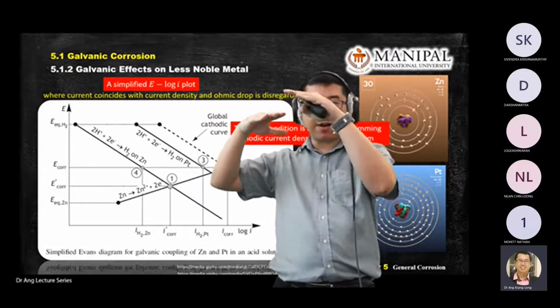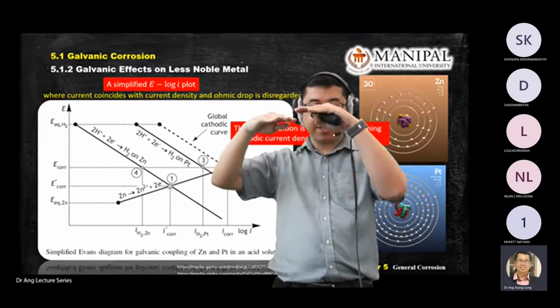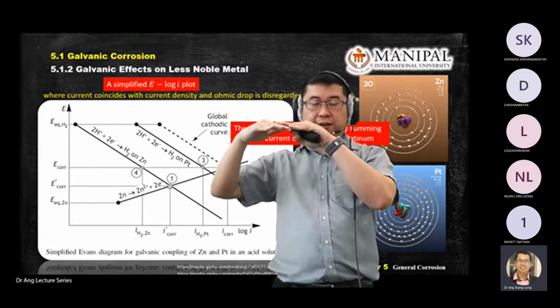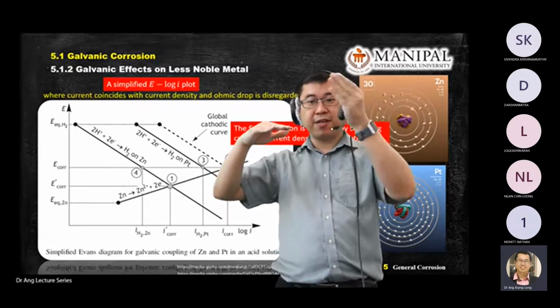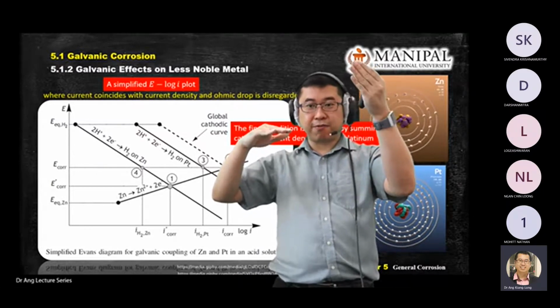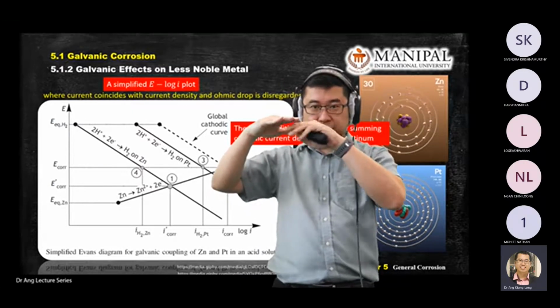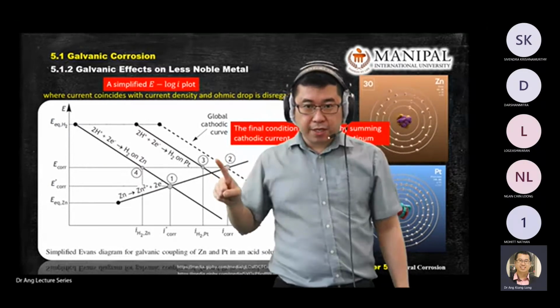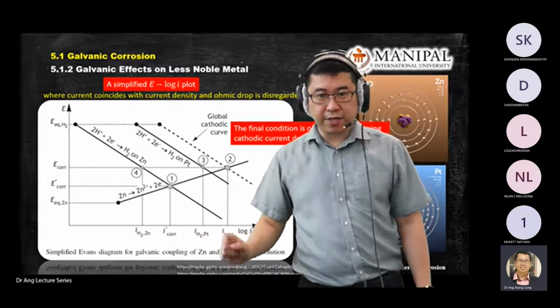Go and find what is around the cathode. In this case, the cathode is platinum. So around the platinum, what do you have? You have an acidic solution. What does acid mean? Acid means you have a lot of H positive. So the H positive around there, you will meet at the surface of the platinum. So you get your current density. This value is the current density.